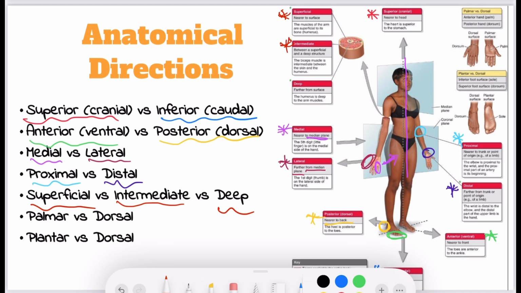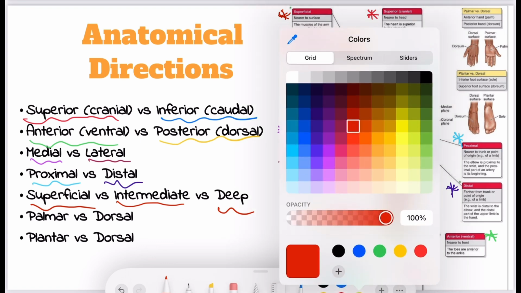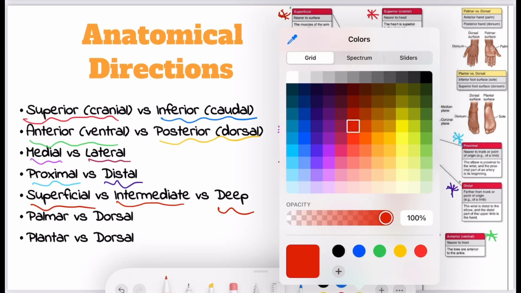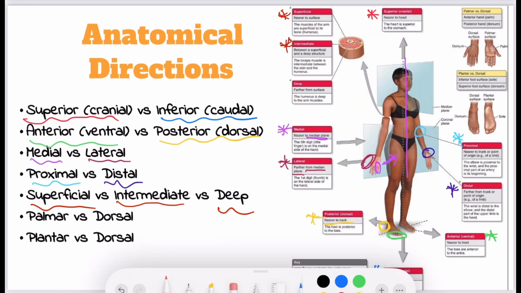Now, palmar versus dorsal. Palmar is anterior hand or palm, right? It's very easy to remember because palmar, just remember it's the palm.